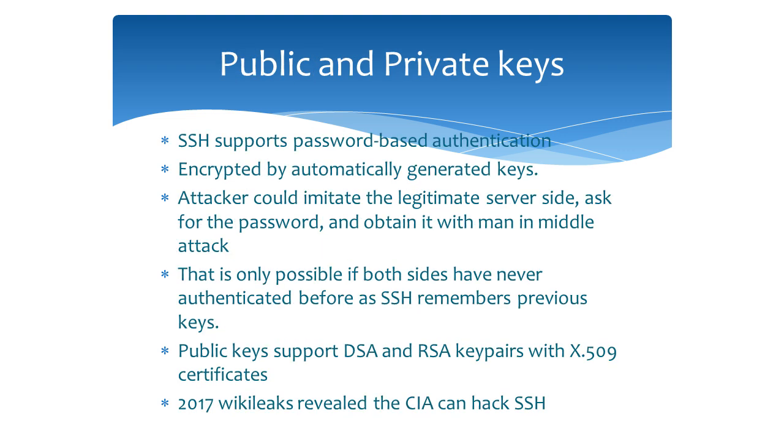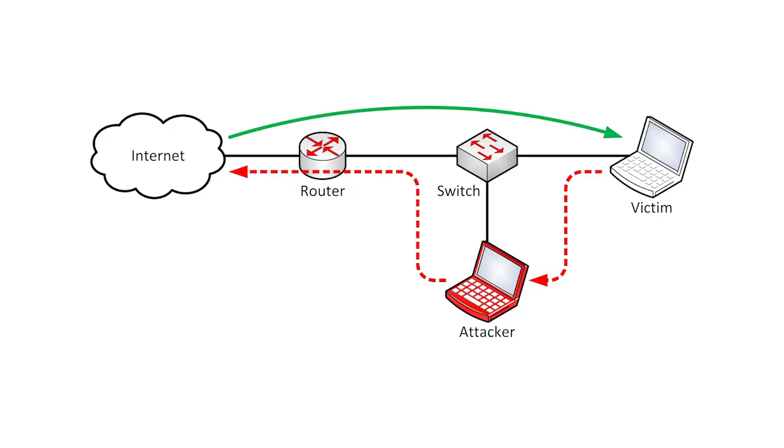SSH supports password-based authentication, encrypted by automatically generated keys. It also supports tunneling, TCP port forwarding, and X11, file transfer via SFTP and SCP using the client-server model. A man-in-the-middle attacker could imitate the legitimate server side and ask for the password and obtain it.